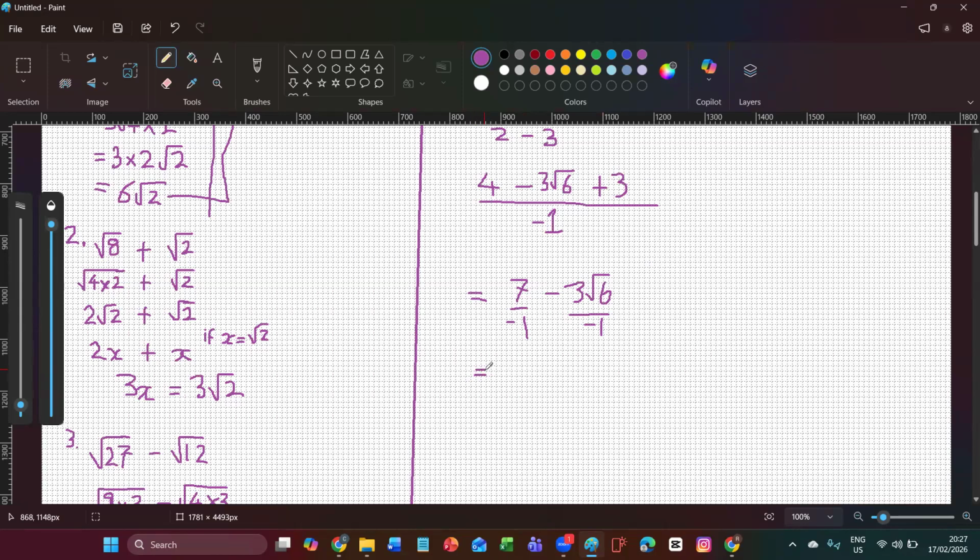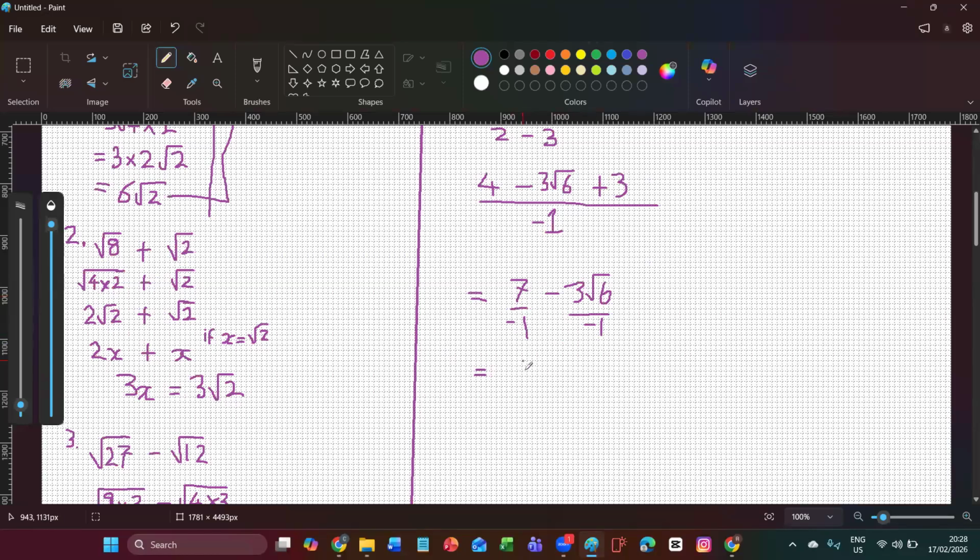It's as if I just did the expansion. I divided the 7 by minus 1. I divided the minus 3 root 6 by minus 1. The minus is still in between them, but I allowed the minus 1 to be separated across two of them, just like I would have done if I was doing a multiplication. You get? Yes, sir. Okay.